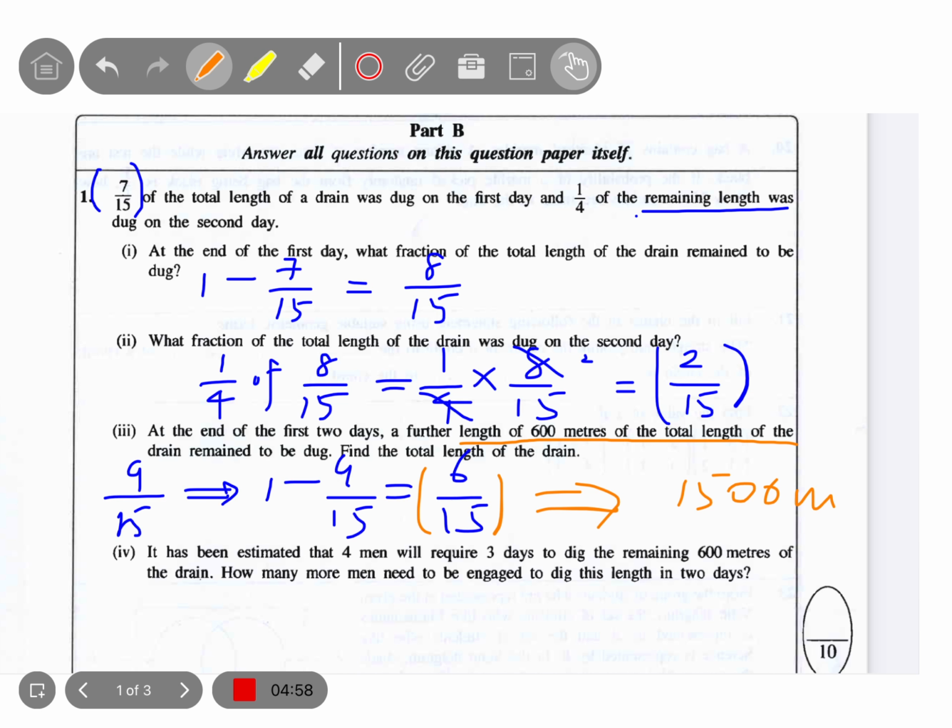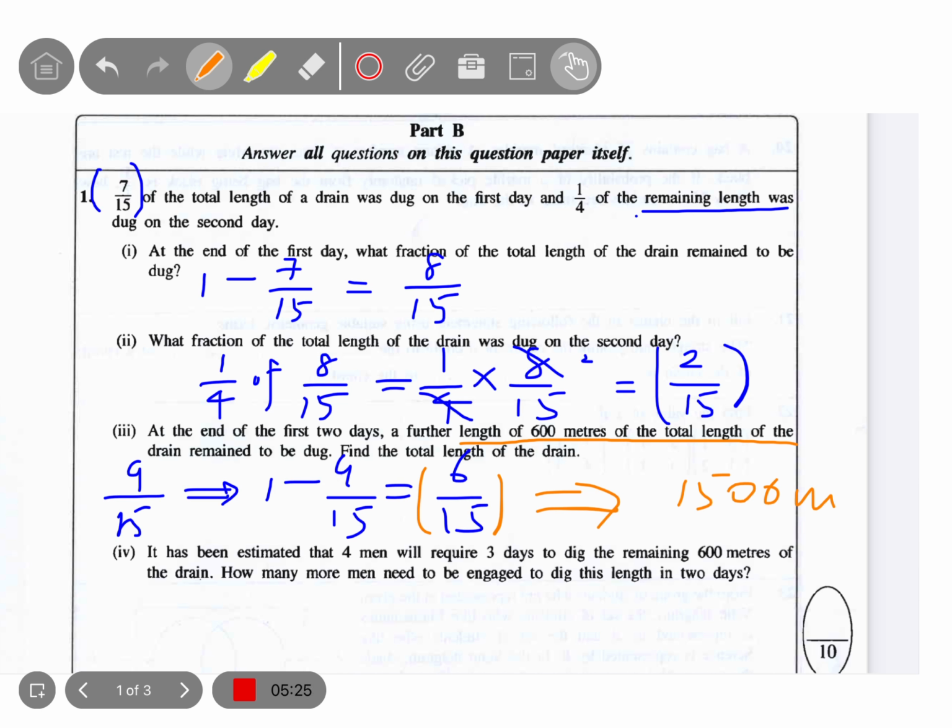The fourth one asks, it has been estimated that 4 men will require 3 days to dig the remaining 600 meters of the drain. How many more men need to be engaged to dig this length in 2 days? Now these are person-day type questions.